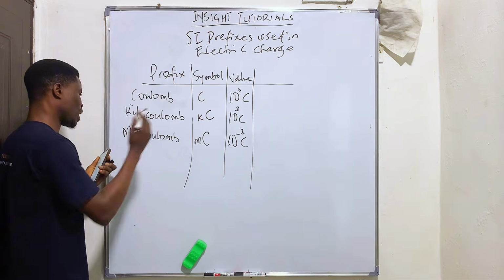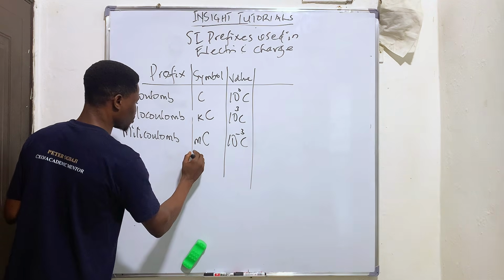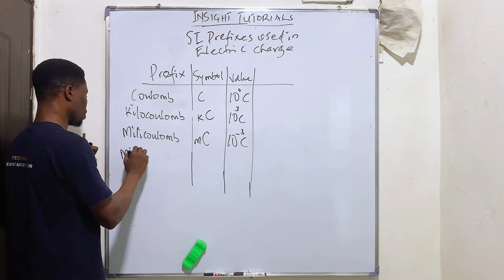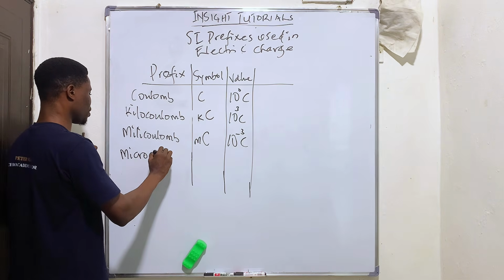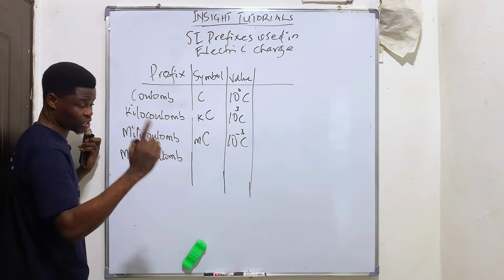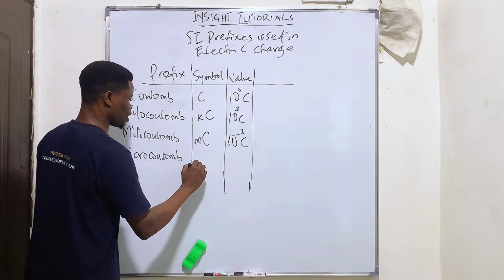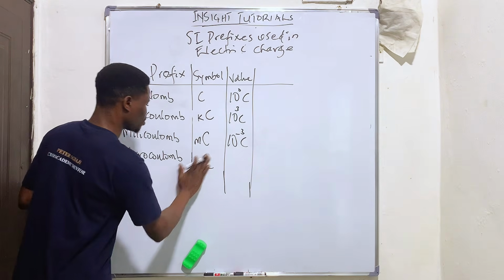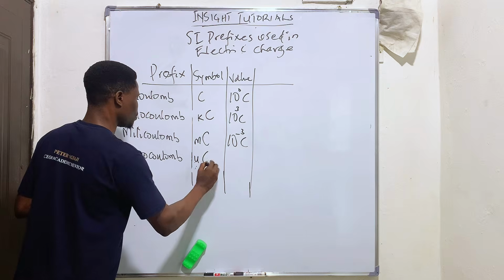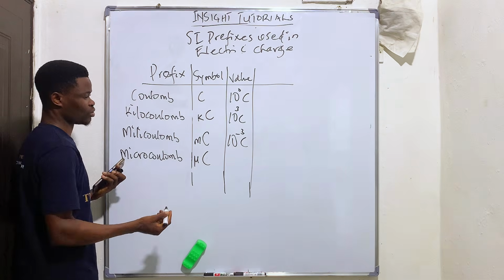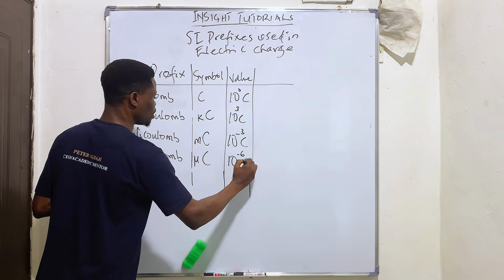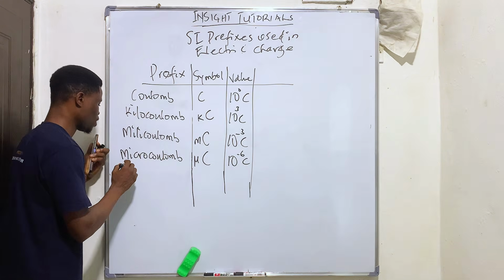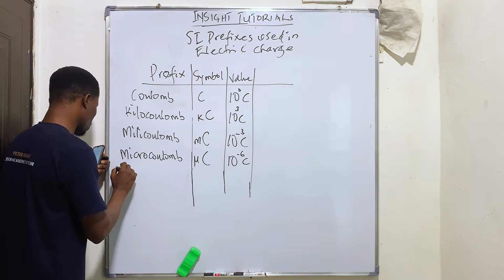All right. Now, another one they can give you is what we refer to as the micro, because after milli, it is micro. And when you hear the word micro, what should come to your mind is something raised to the power of negative 6. So when you see this symbol, that's microcoulomb, and it is 10 raised to the power of negative 6 in terms of its coulomb. Another one they can ask you is your nanocoulomb.